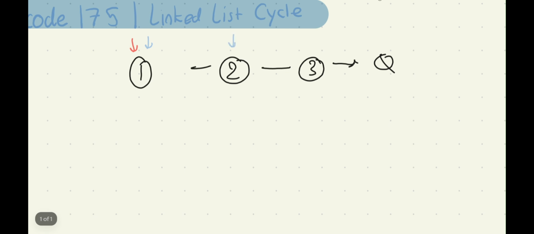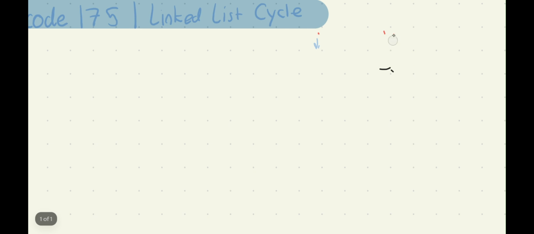They move 1 and then 2, and then 1 and then 2. You'll notice that the rabbit will eventually point to an actual null pointer. So then we'll know that the linked list is not a cycle, right? Now that we've seen this solution, let's go code it.